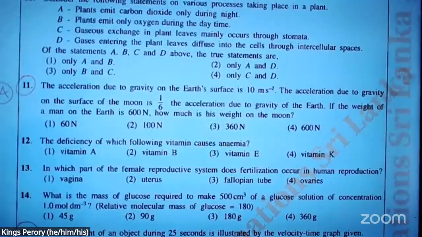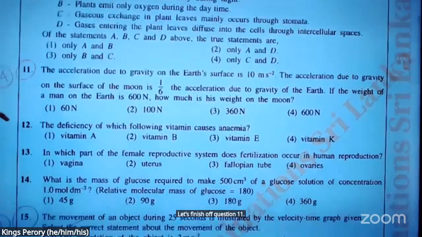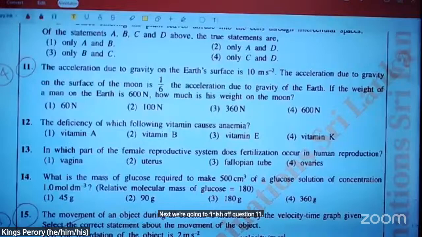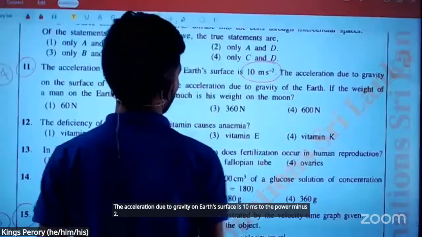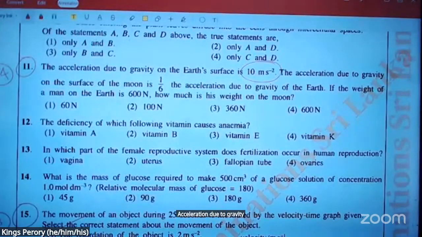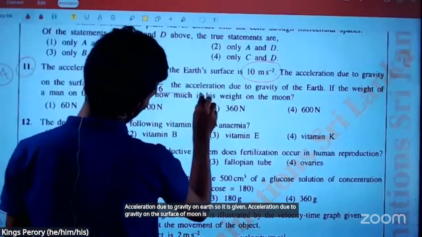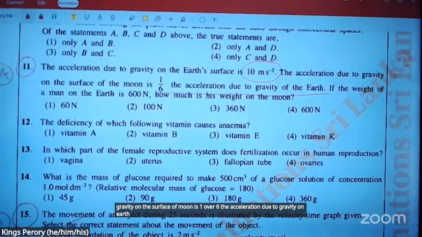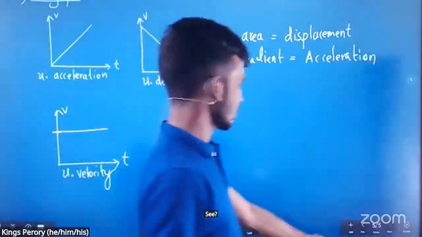Next we'll finish off question 11. The acceleration due to gravity on Earth's surface is 10 m/s².